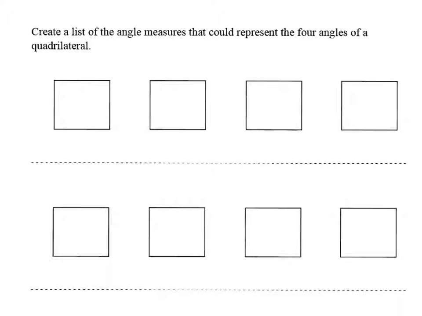Sometimes there'll be an open-ended question, and they'll say, could you create a list of angle measures that could represent 4 angles of a quadrilateral? As long as your 4 angles add up to 360, you're good to go. Now you could do an easy way and just say, 90 plus 90 plus 90 plus 90 is 360 because I know that 4 right angles adds up to 360 degrees.